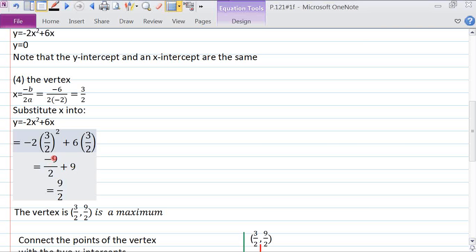So -9 over 2 plus 9. Instead of 9, we're going to write 18 over 2 to get a common denominator. 18 minus 9 is going to give us 9 over 2. So the vertex is the x value and the y value, which is 3 over 2 and 9 over 2 respectively.